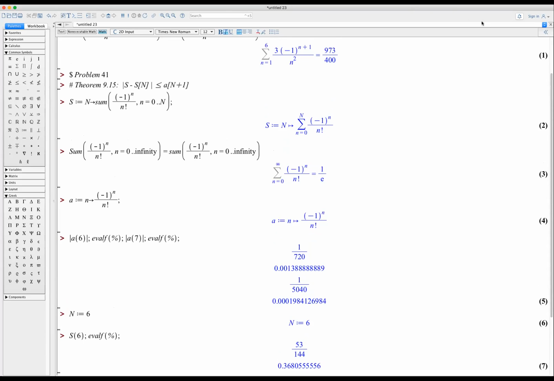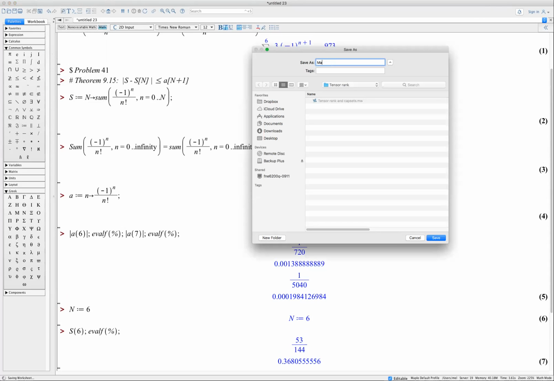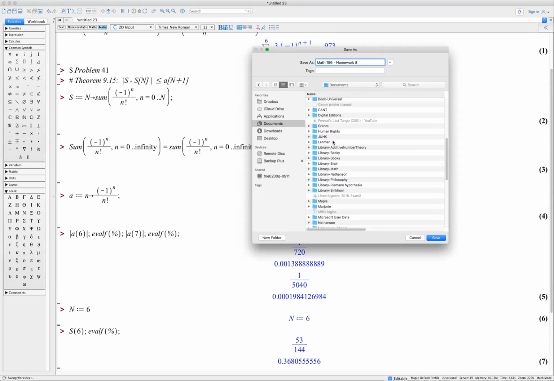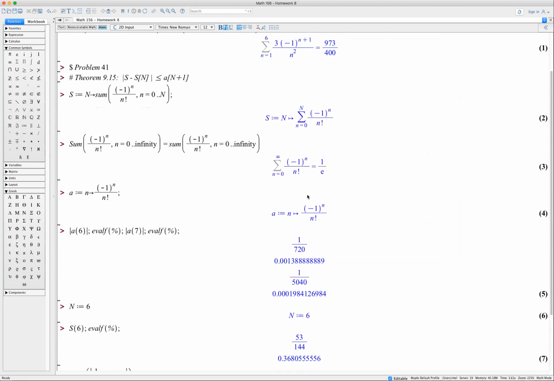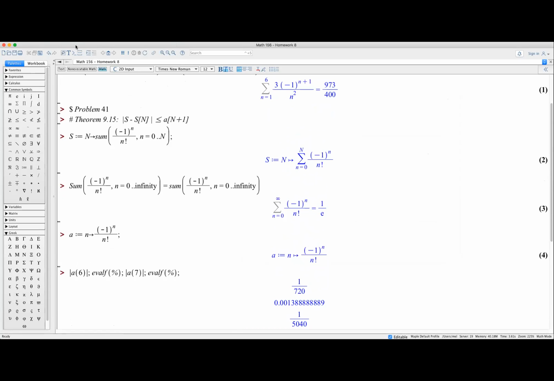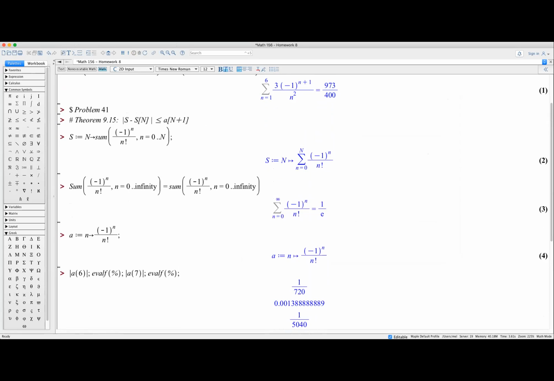But for some reason, I don't know, something's the matter with my Maple.